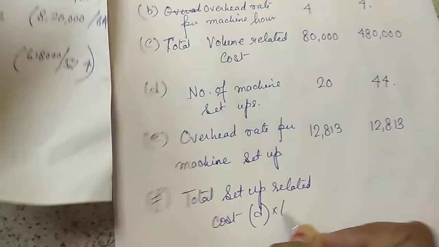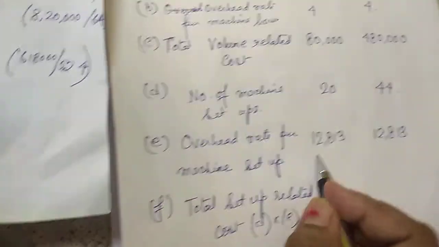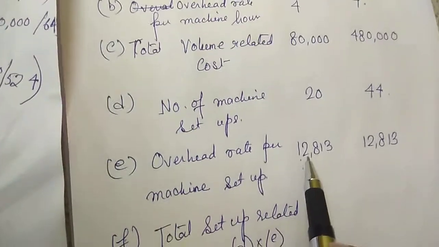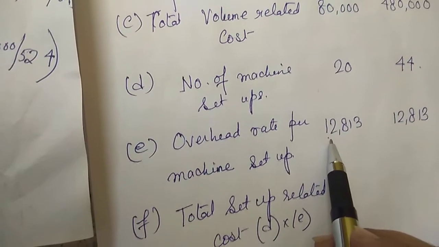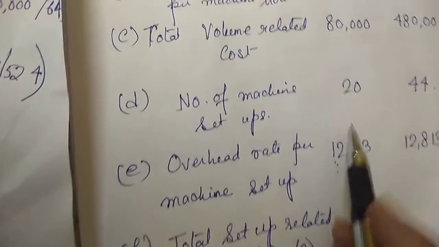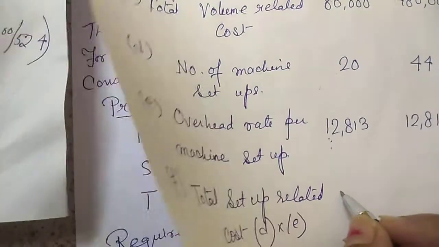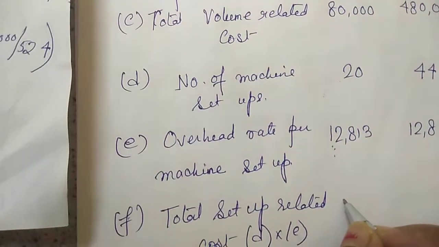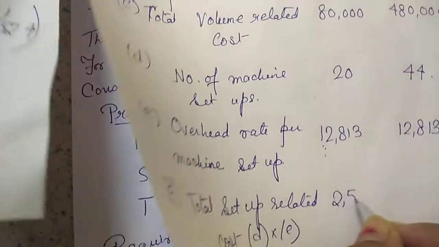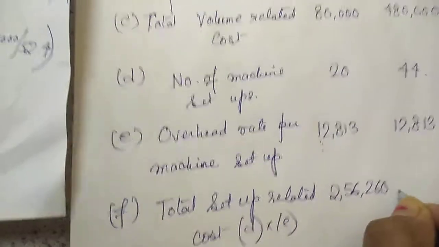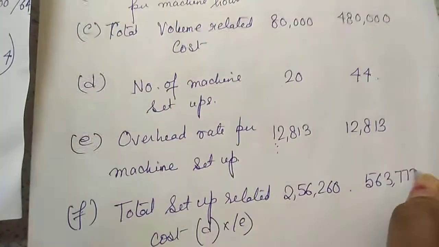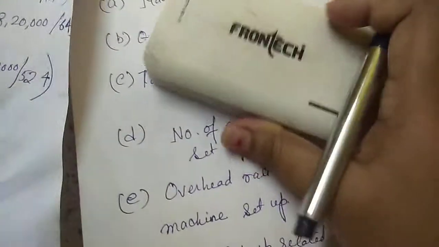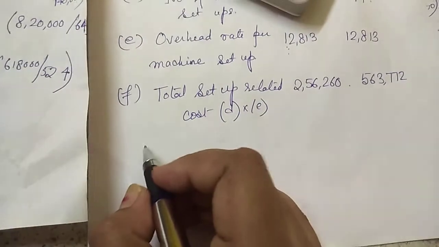D multiplied by E, 20 multiplied by 12,813. Each time you set up the machine your cost is 12,813, and here you are setting up the machine 20 times. So your total cost comes to 2,56,260, and here it comes to 5,63,772. Machine setup related cost over.